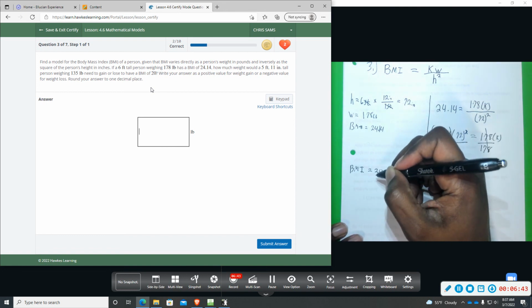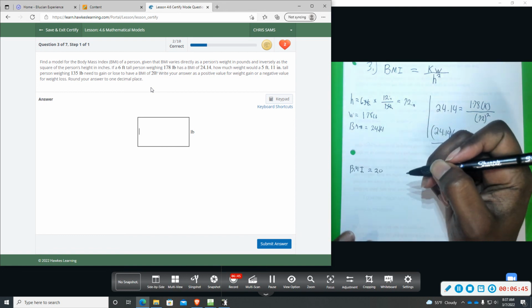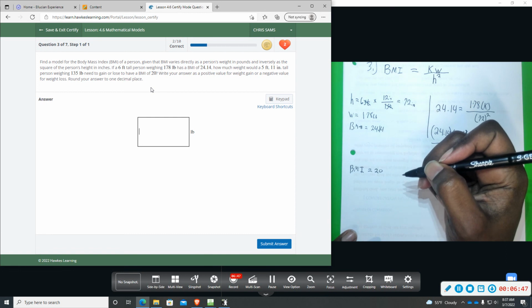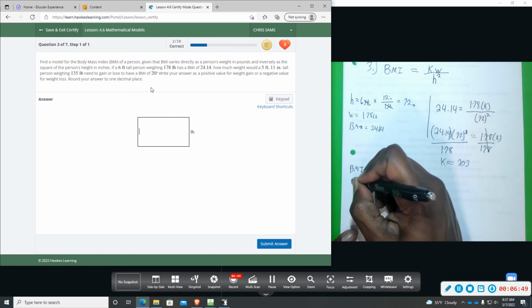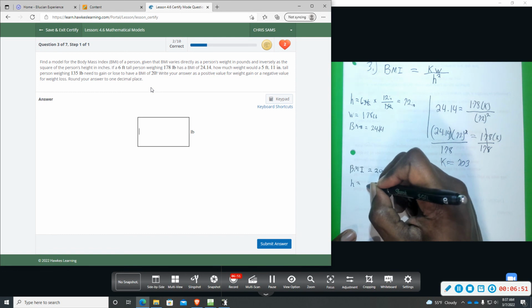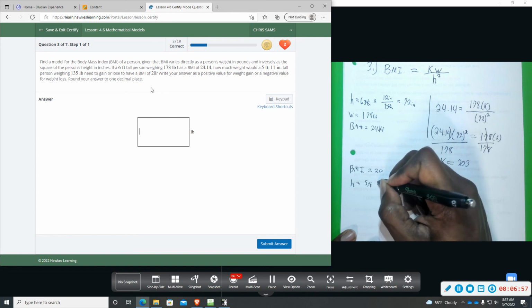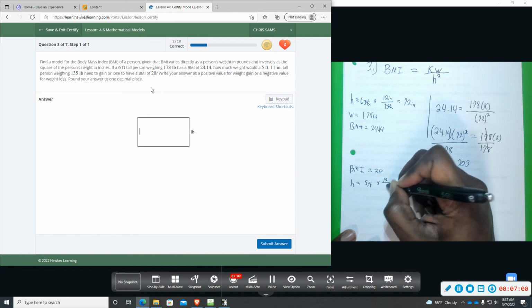We're given the height. Okay, so again, they gave us in feet and inches. So that was 5 feet. So let's convert the 5 feet to inches. 12 over 1, 12 inches in 1 foot.